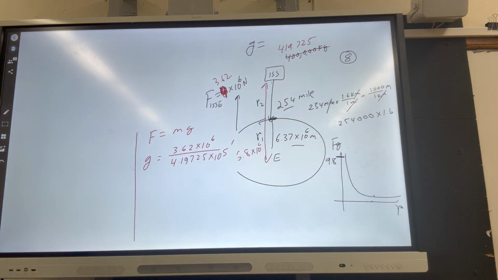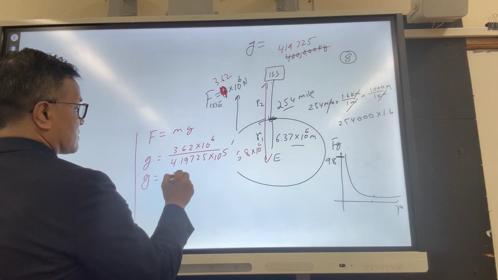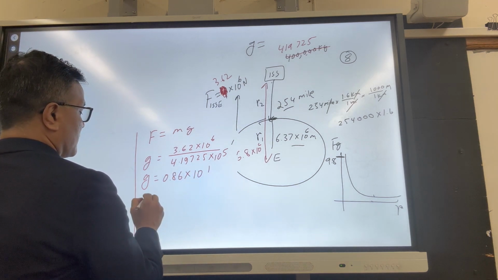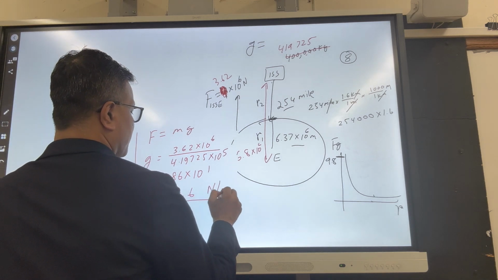All right, 3.62 divided by 4.19725 is 0.86 times 10 raised to 1. So G is 8.6. So this is one way, Newton over kilogram.